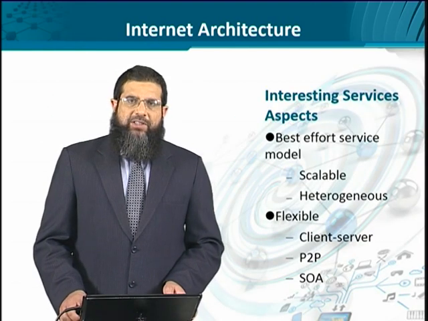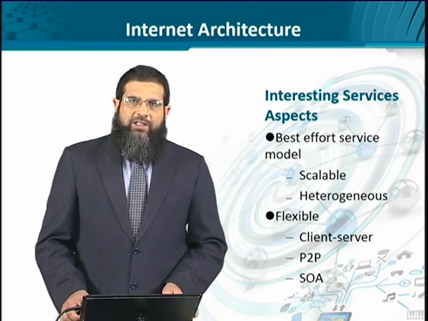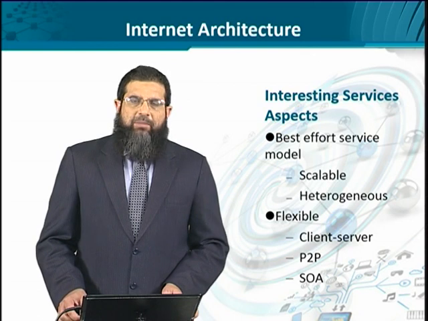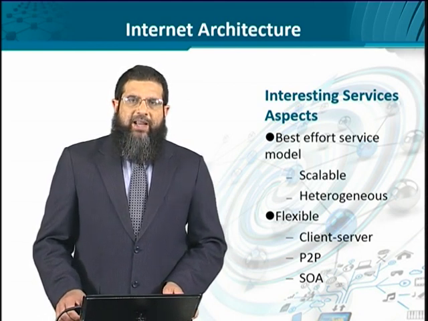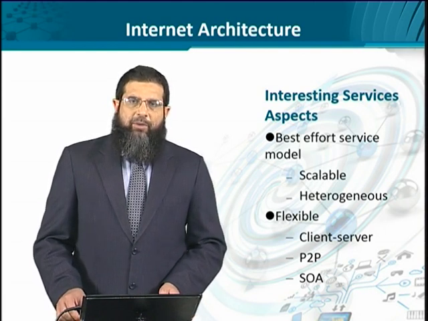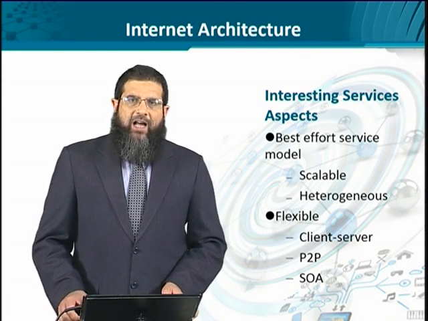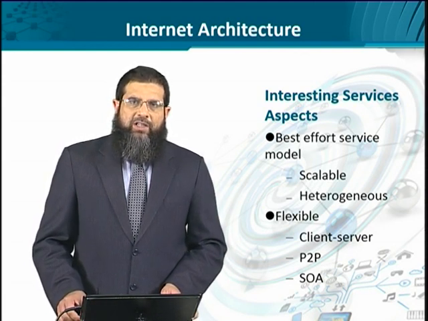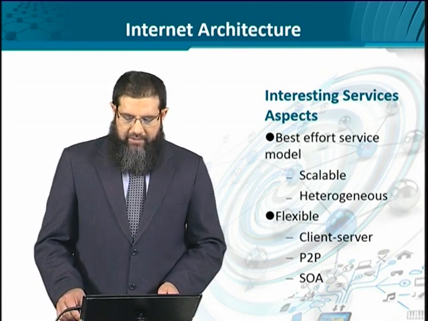There are certain interesting aspects to the internet architecture. The first and foremost is that the internet emerged as a best effort network. Of course, it can attempt to provide value-added services, but to begin with, essentially it is best effort. Because of that, it allows scalability because an arbitrary number of users can be multiplexed together.